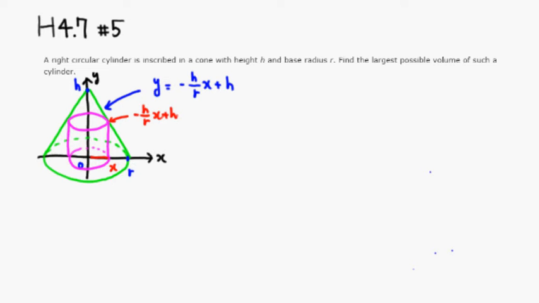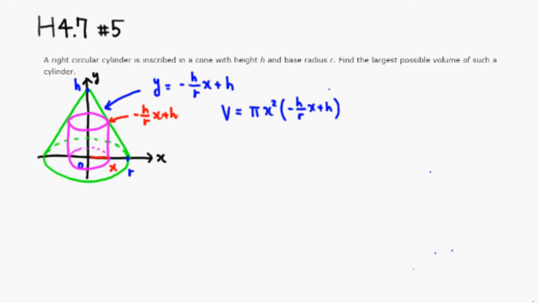If you want to find the volume of this circular cylinder, V equals pi r squared h. The radius is x, so x squared times h, which is negative h over r x plus h.